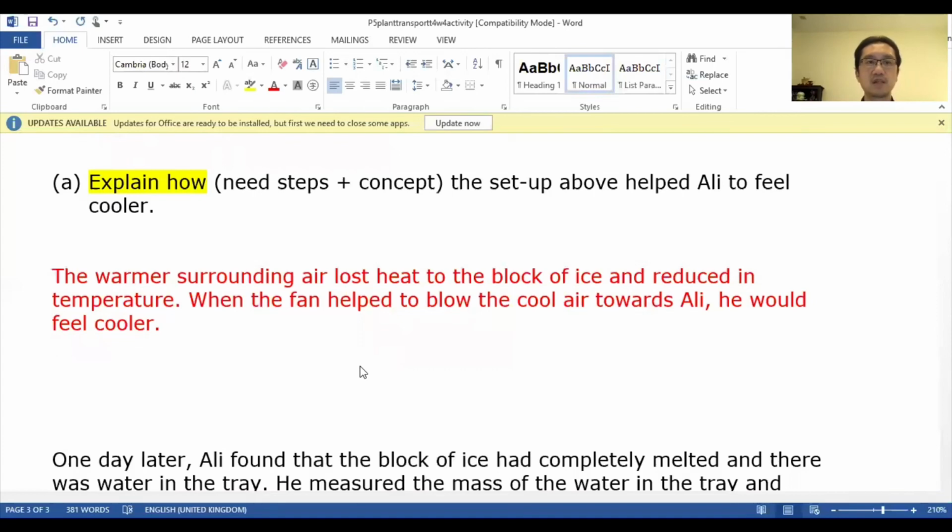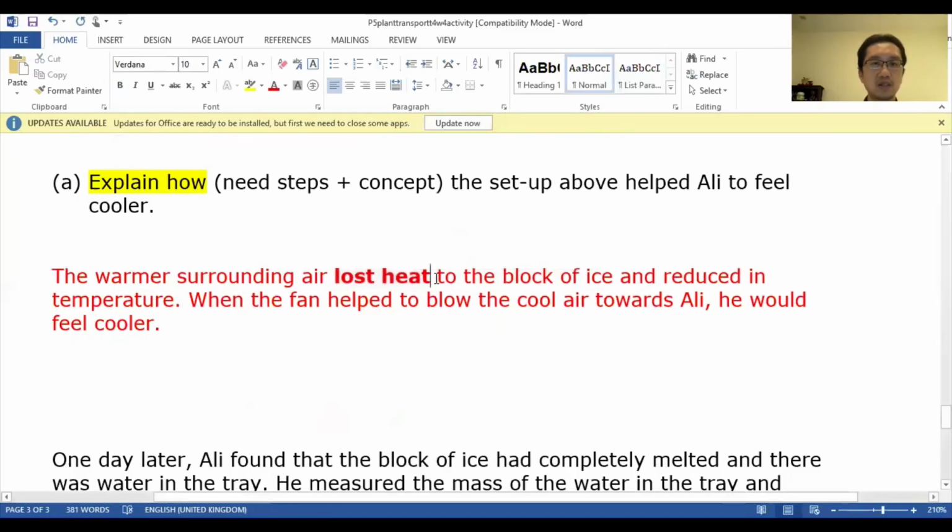So there are a few things. For the steps that will, in the end, allow Ali to feel cooler, we first have to start with the warm surrounding air. The warm surrounding air lost heat to the block of ice. So here we are looking at lost heat as the main concept.